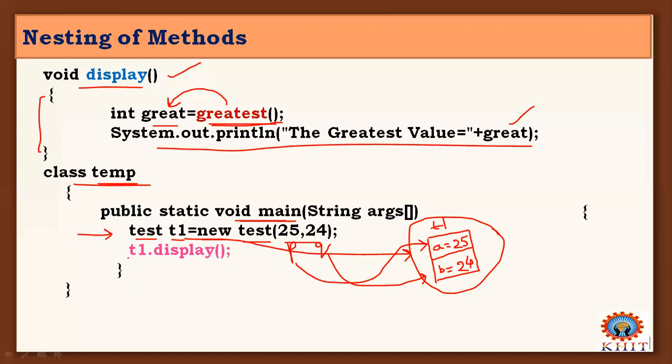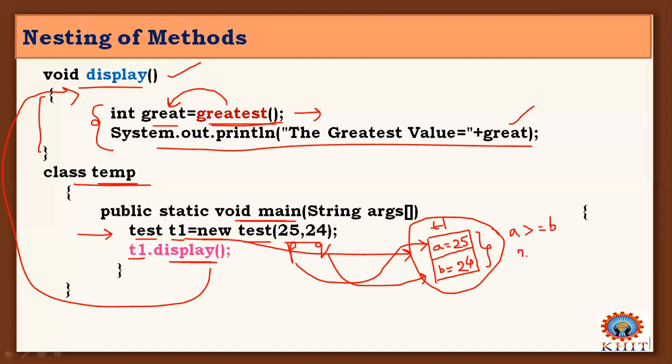And we are calling the display function through this object. So the control will shift to display, and it is going to execute these two statements. The first statement is a call to the greatest function, and greatest simply compares these two values: when A is greater than or equal to B, the if condition.